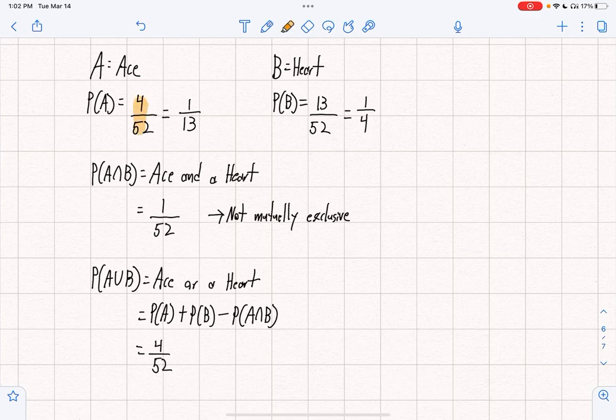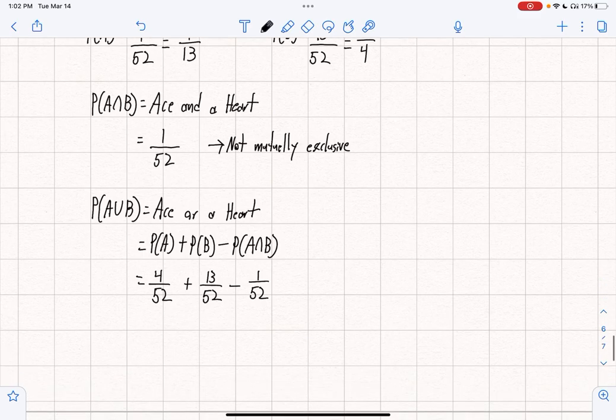Probability of A is 4 out of 52, probability of B is 13 out of 52. So let me write plus 13 out of 52. And then minus probability of A and B, which we found to be 1 out of 52. Okay, so 4 plus 13, that would be 17, minus 1, that would be 16. So we have 16 out of 52 for the probability of A or B.